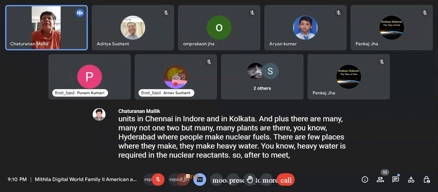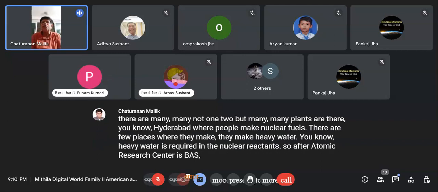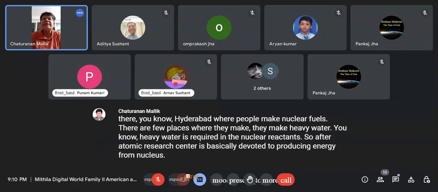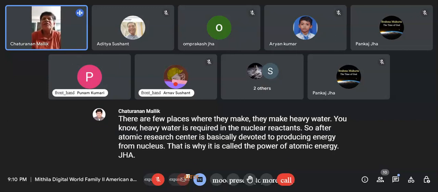Our Atomic Research Center is basically devoted to producing energy from the nucleus. That is why it is called the Bhabha Atomic Research Center. Our main job is to produce energy from atoms in a reactor.